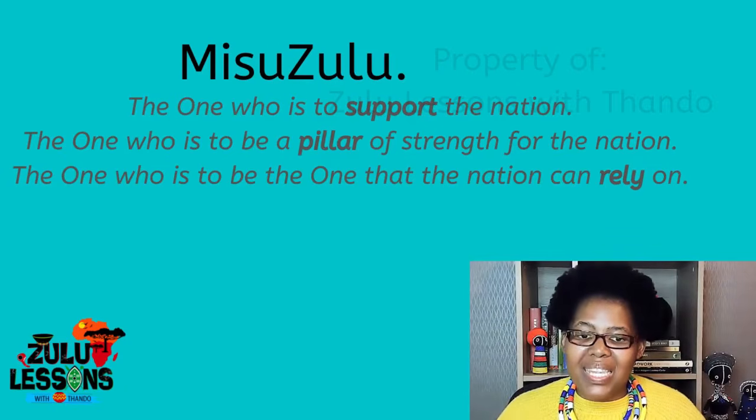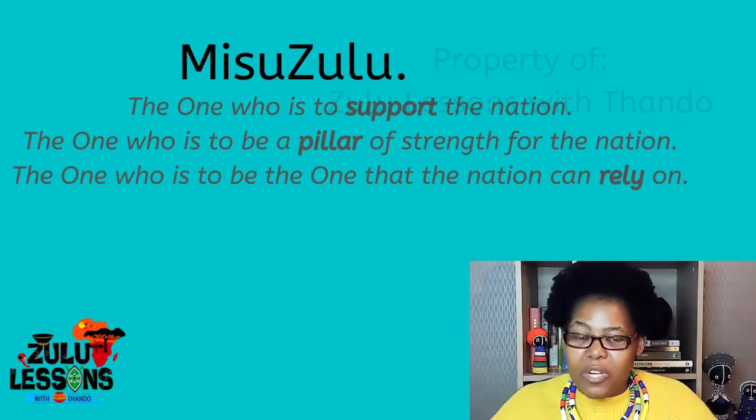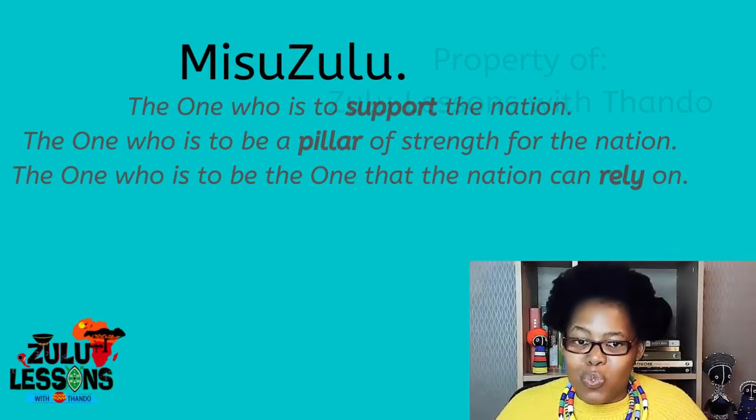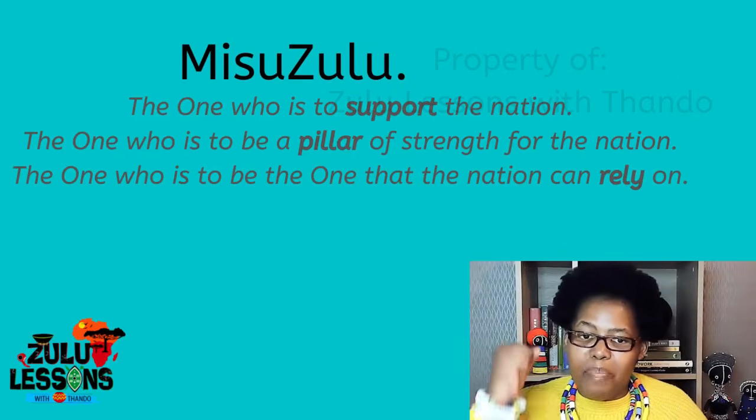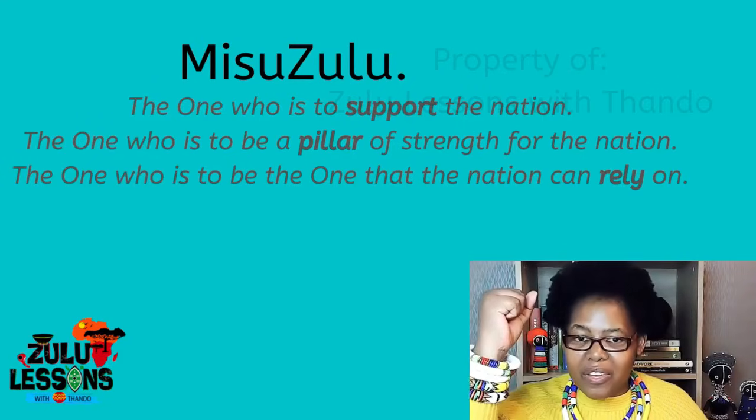One who was named this because it was foreseen that he will help uZulu to stand. He will help to establish uZulu. He will be the pillar of strength for Bayede, wena wendlovu, hlanga lomhlabathi.